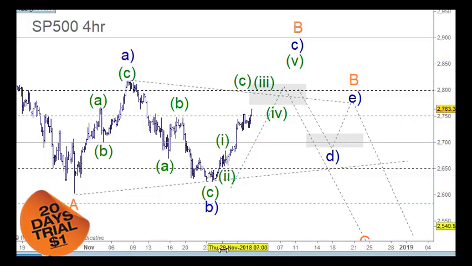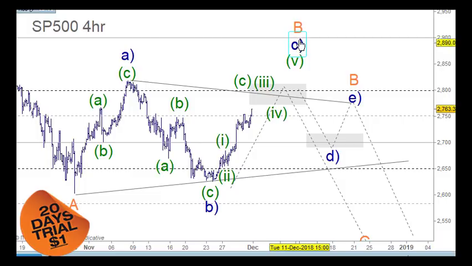Or if we're going to go into the triangle pattern here, let's just make these lines a little bit more definite, just to give us a bit of outside structure here. So basically a triangle pattern within this, and because we've got 3 here, we'd get 3 here, and that means this wave C here can be 5 waves or 3 waves.